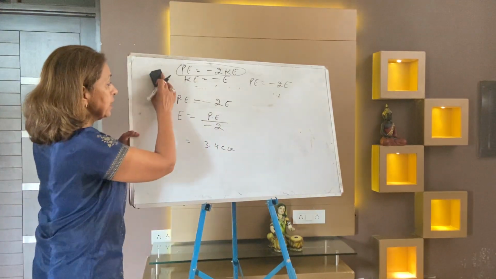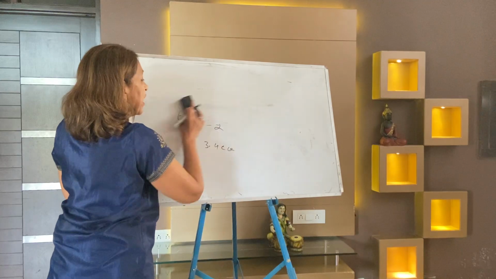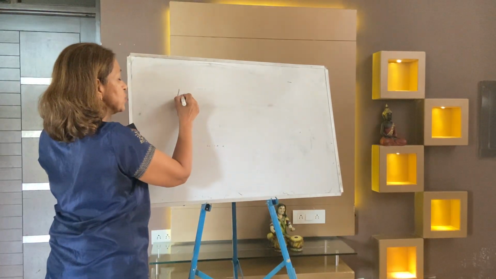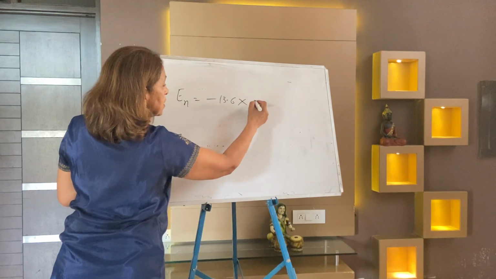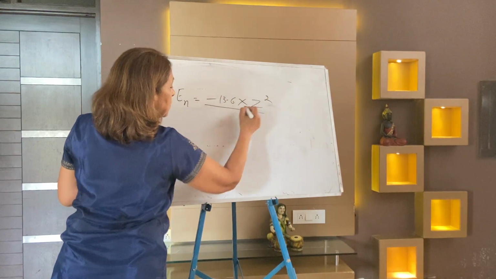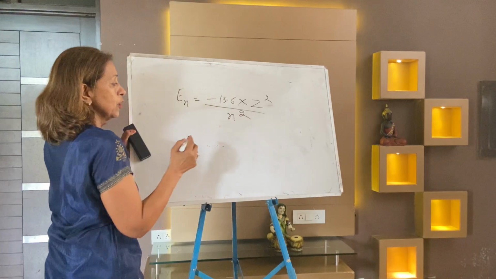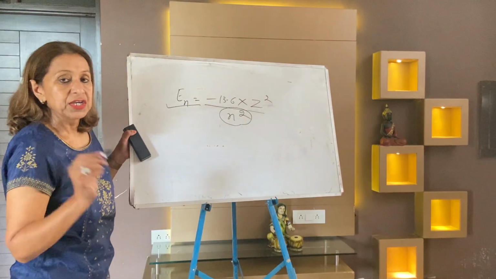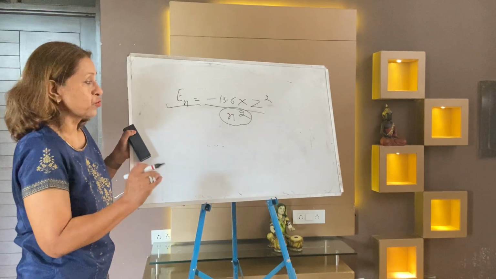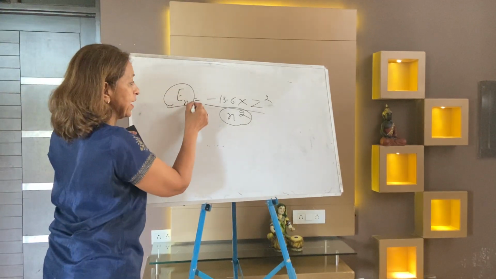Now when the total energy is there, you can use the formula: energy equals minus 13.6 into z square by n square. Now you calculate n square, since your total energy is given. You have calculated the total energy just now, so you put it here.